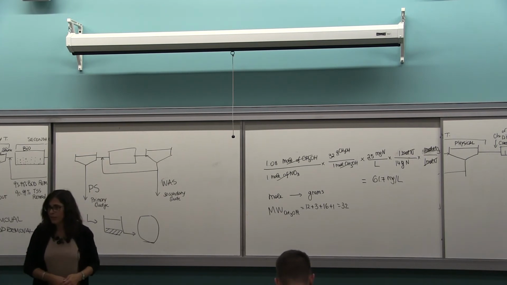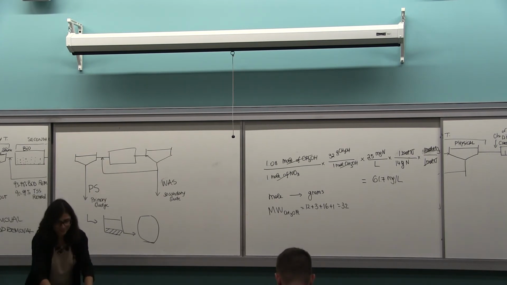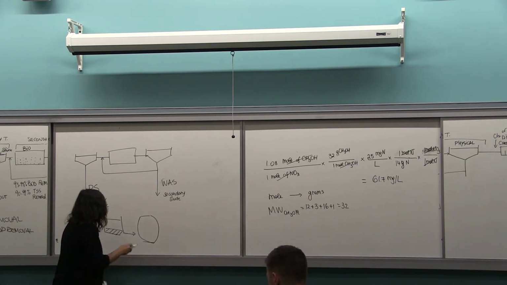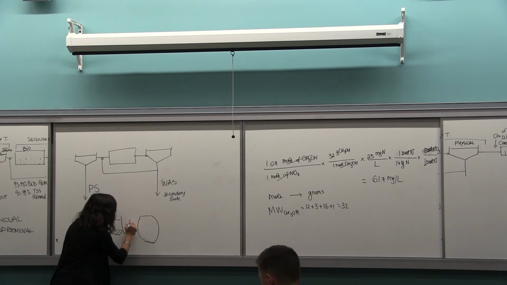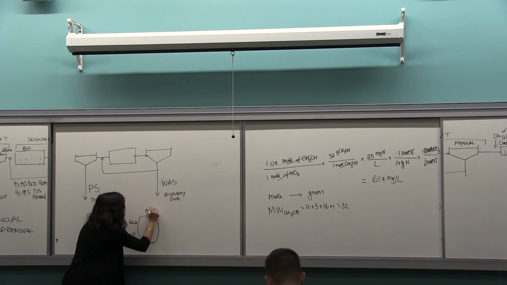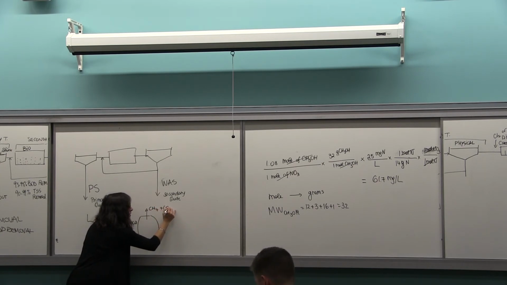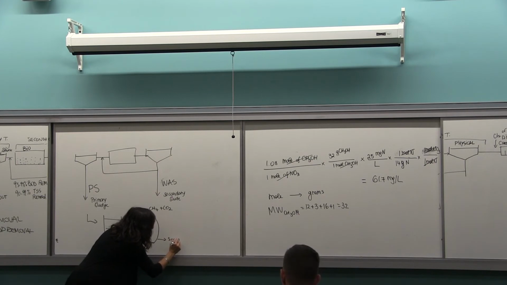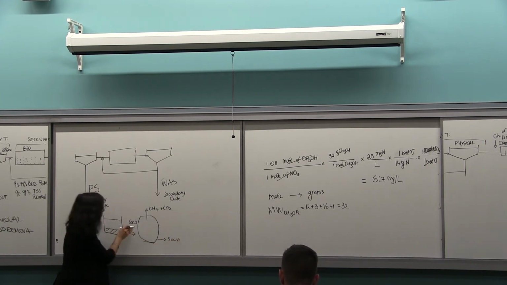Here is the design of anaerobic digestion. Primary sludge is treated by anaerobic digestion. So I have solids, and it's transformed into biogas and solids. If you start with 1,000, you end up with 100.